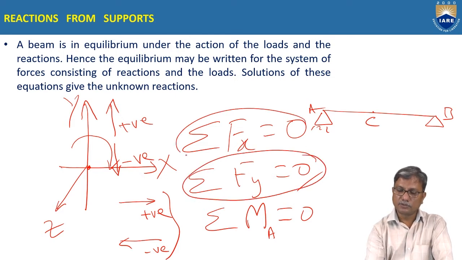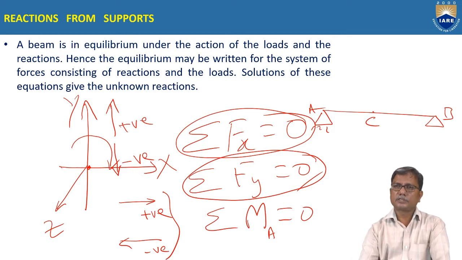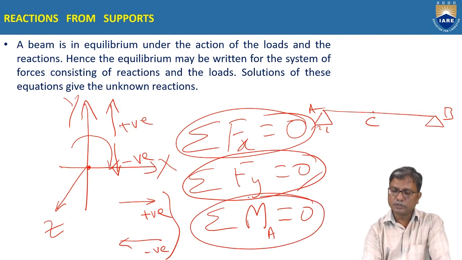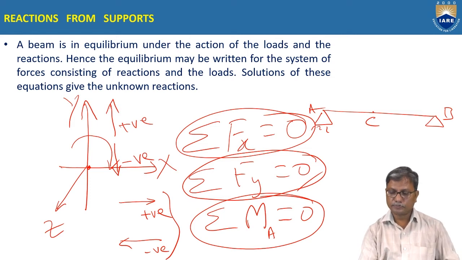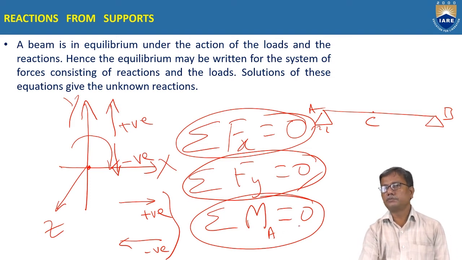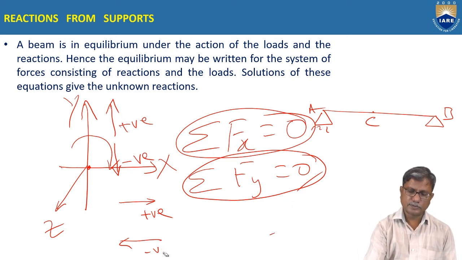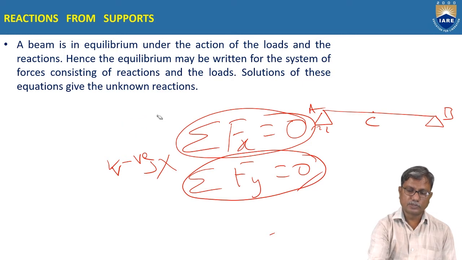Similarly, the sum of rightward forces equals the sum of leftward forces. And sigma M = 0 means the sum of anti-clockwise moments equals the sum of clockwise moments, or the algebraic sum of moments is 0. These are the three conditions to be satisfied for equilibrium.